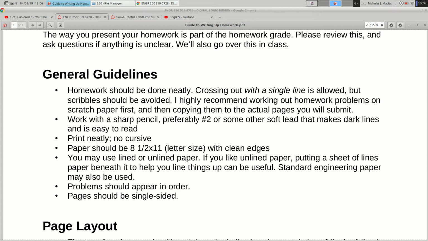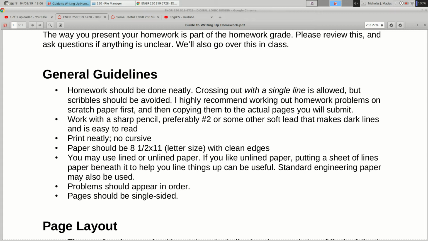But basically, I don't want homework being turned in in a bunch of different sizes and frizzy edges and things like that. Not only because it makes it more difficult for me to go through them, but also people's papers get caught or lost in other people's papers and things like that. So 8.5 by 11, which is letter size.